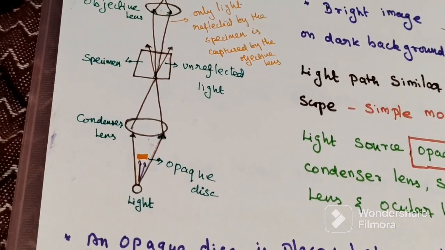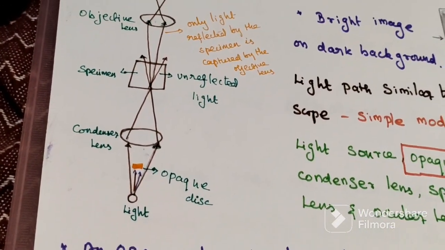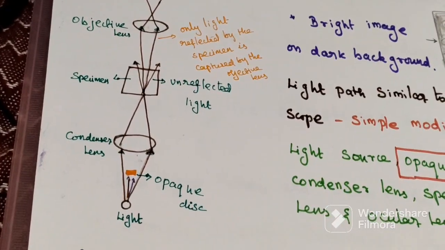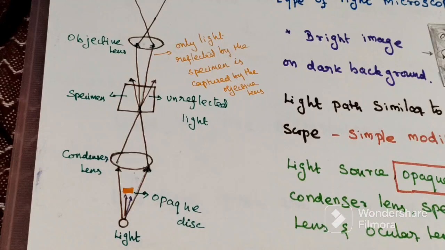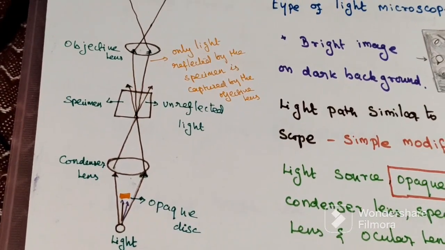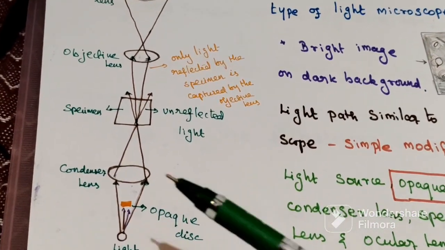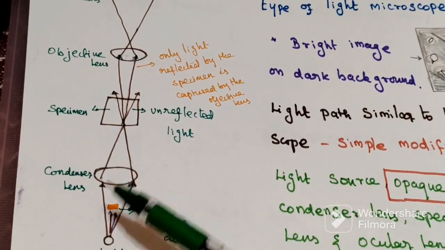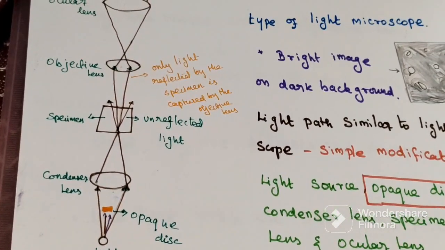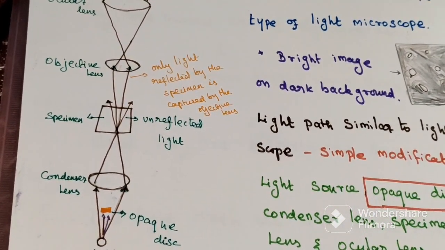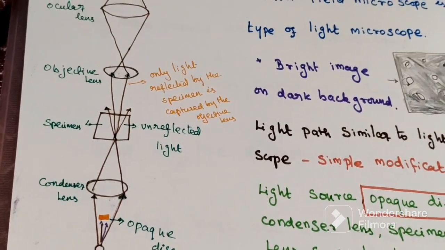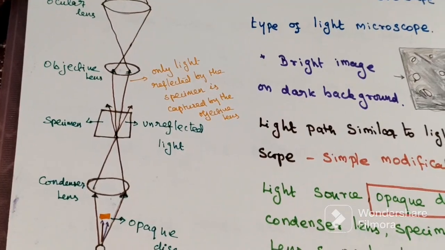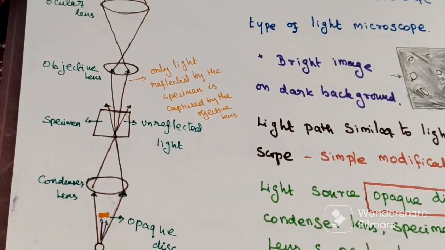The only light that reaches the objective lens is light that has been refracted or scattered by the specimen. Other light that does not hit the sample is not passed through the objective lens; it passes around the objective lens.